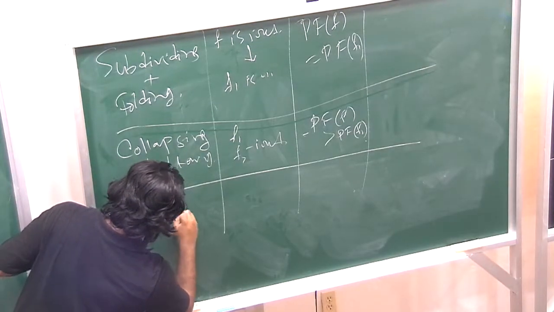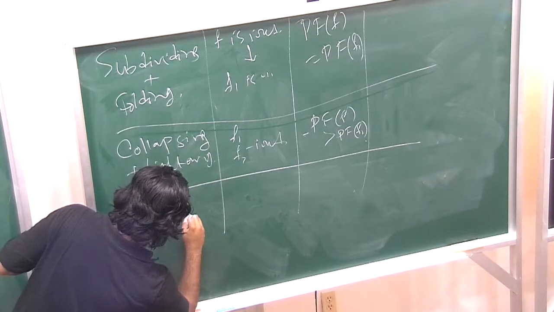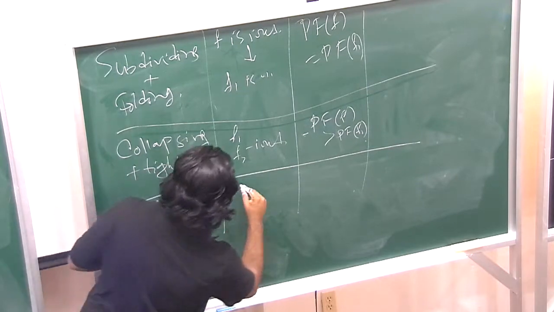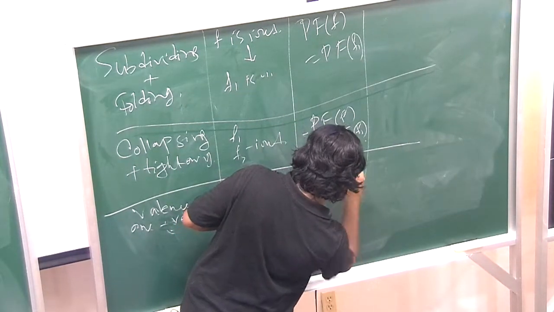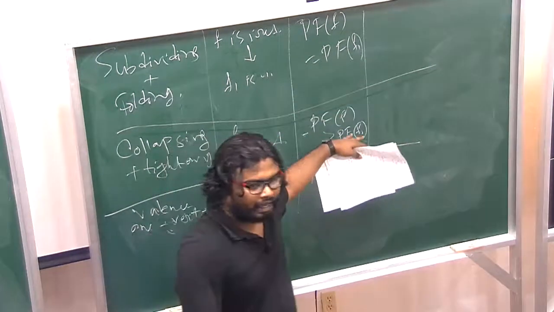Removing a valence 1 vertex again reduces the eigenvalue.